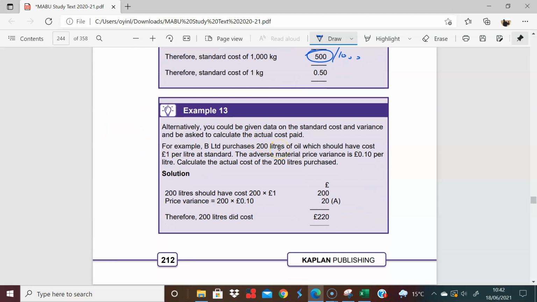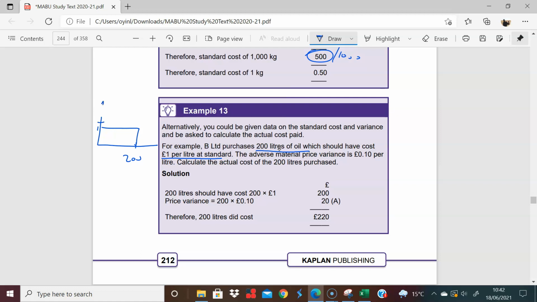The same thing applies here, where B buys 200 liters of oil, which should have cost £1 per liter. Then it says that there's an adverse material price variance, so you spend 10p more than you should have.